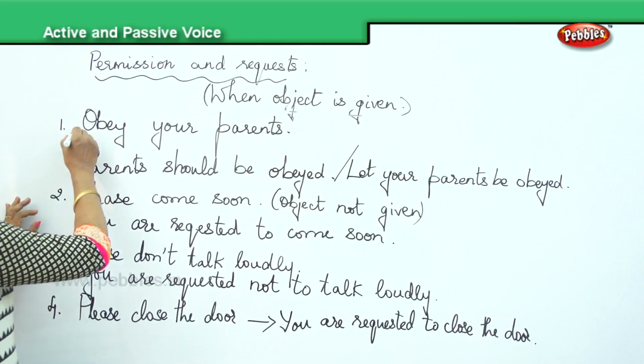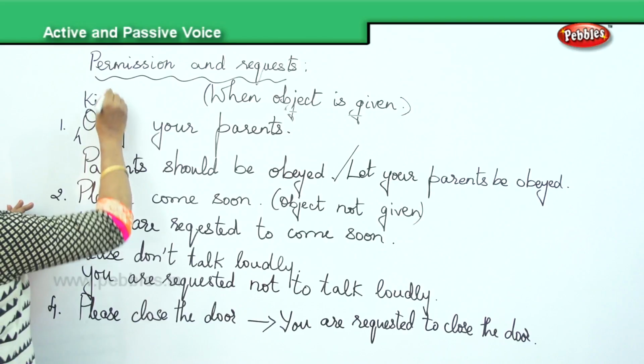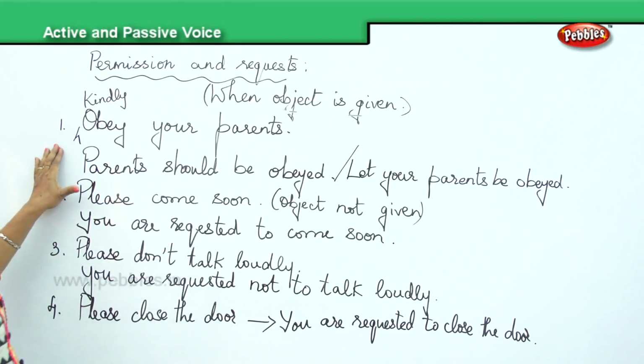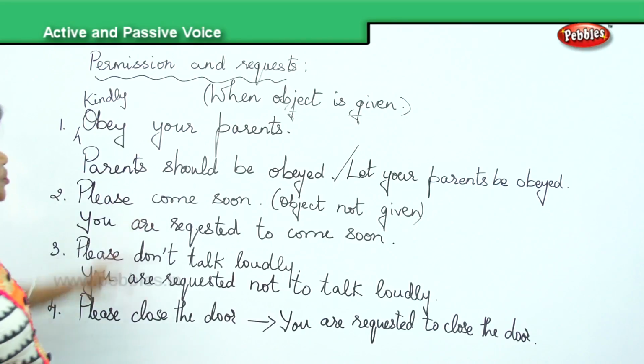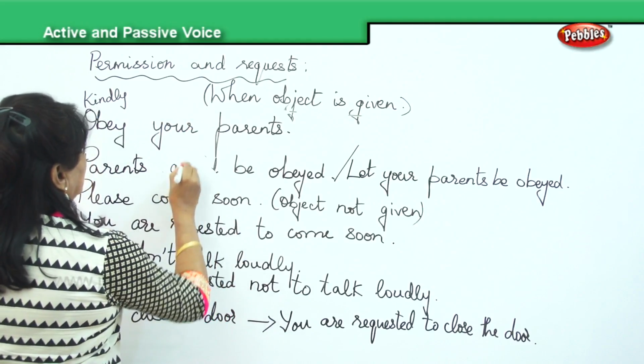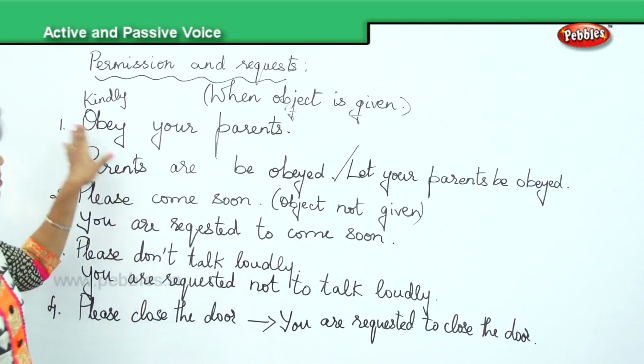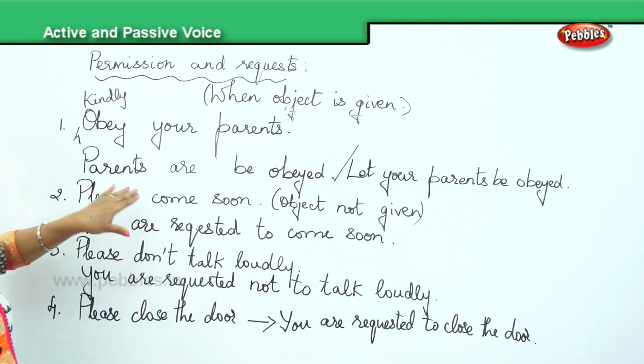Now here we can even add kindly obey your parents. Parents are to be obeyed; here instead of should, we can also add are to be, because should becomes more of an order. So, I am changing it. Kindly obey your parents.